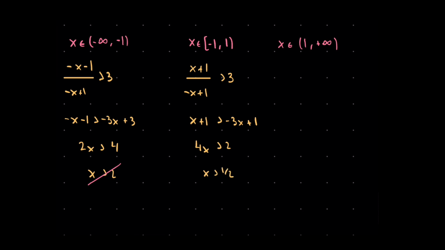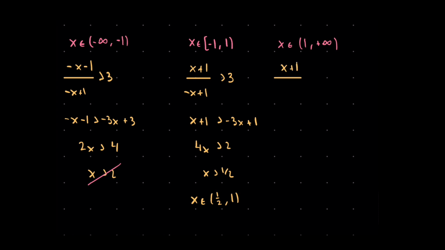And so we see here that x is an element of negative 1 to 1, and x is greater than 1/2. So we get an interval for x: on this specific interval, x is an element of 1/2 exclusive to 1 exclusive.